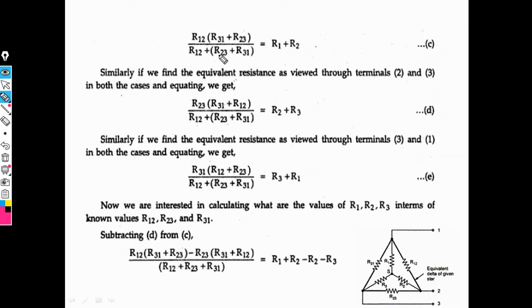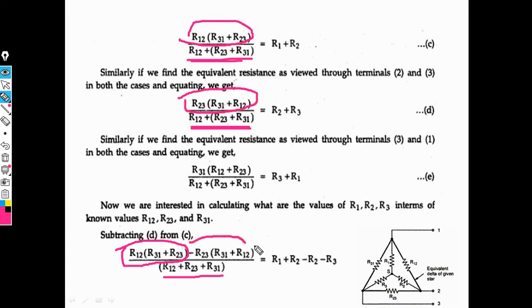The denominator is the same, taken one time, that is R12 plus R23 plus R31. In the upper side, plus R2 minus R2 gets cancelled, and we obtain R1 minus R3.